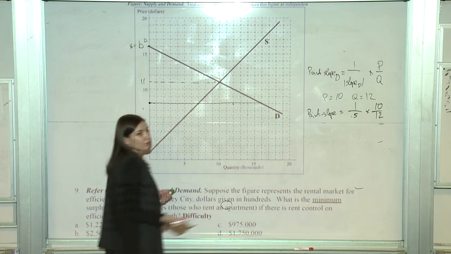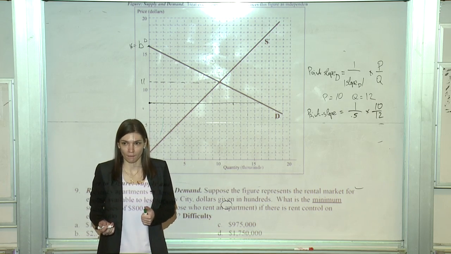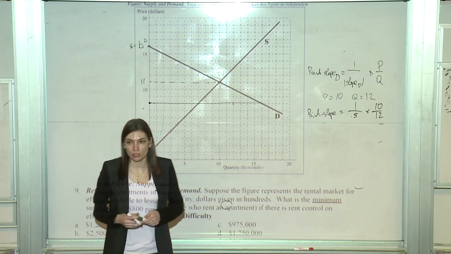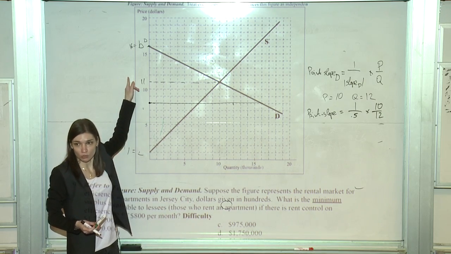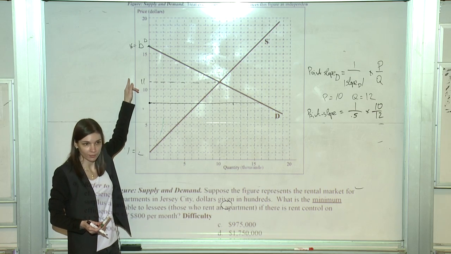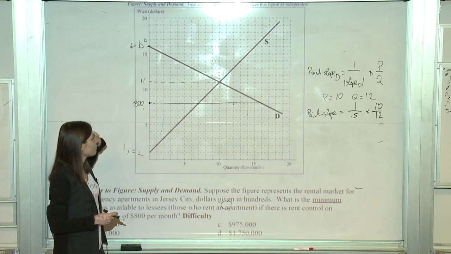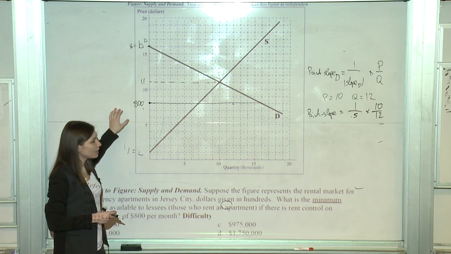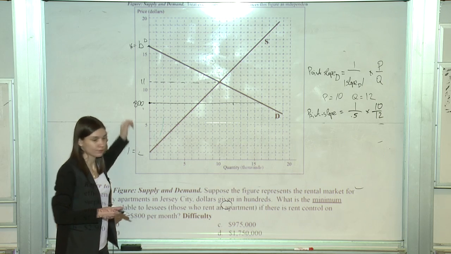So first of all, we need to figure out, is that a binding or a non-binding ceiling? It's binding, because it says you cannot sell for more than 800. Do you want to? Yes, because you want to sell at 1100. You can no longer sell at the initial equilibrium, so we have a binding ceiling, and that results in a shortage.